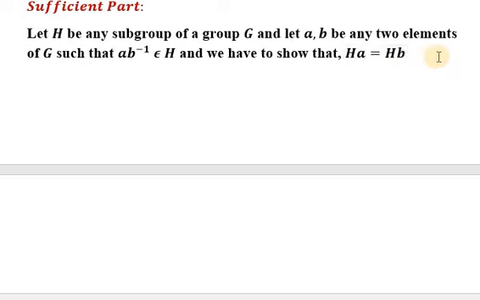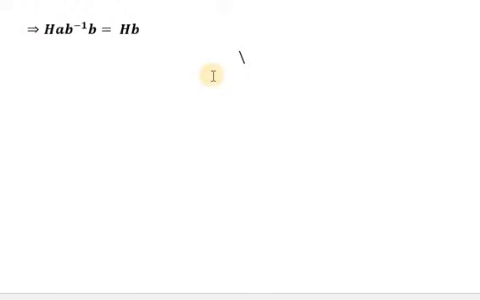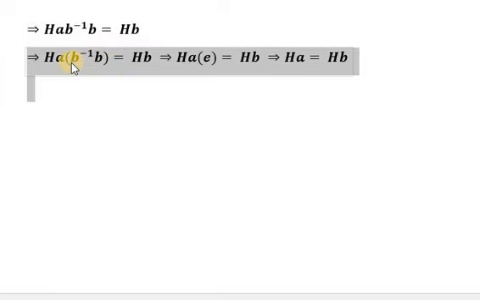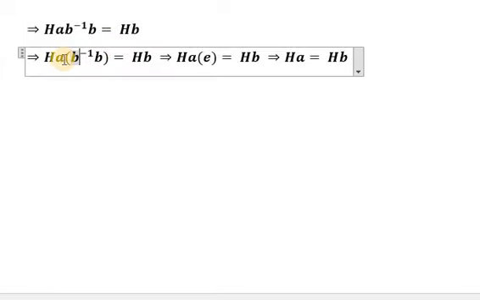Means these two cosets are equal, we have to prove. ab inverse belongs to H implies Hab inverse is equal to H, which implies Hab inverse b is equal to Hb. Further, this implies Ha into b inverse b is equal to Hb.